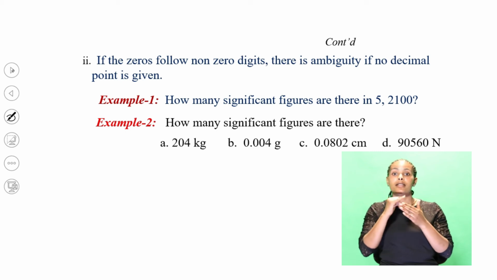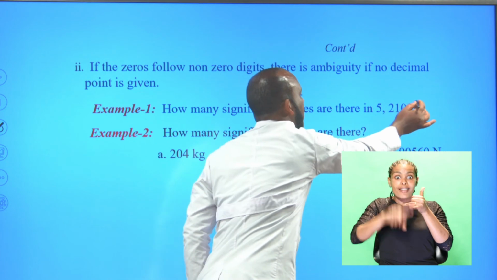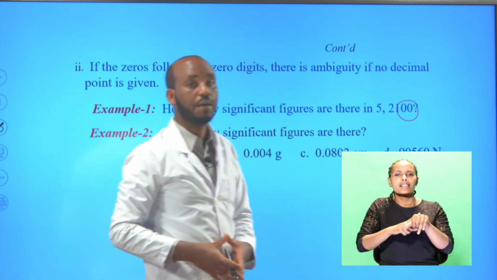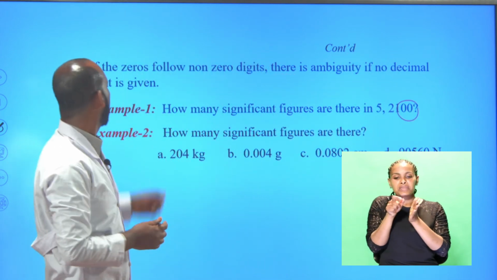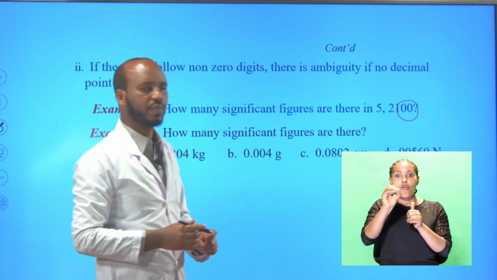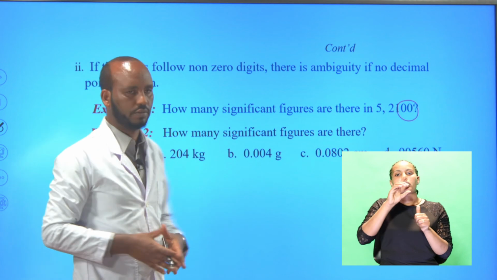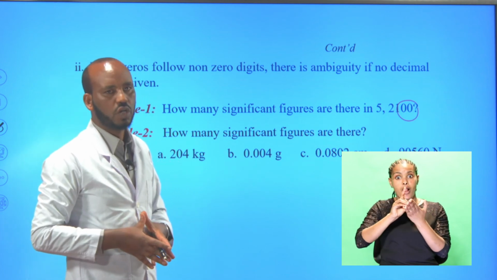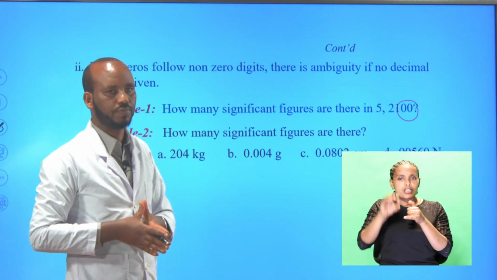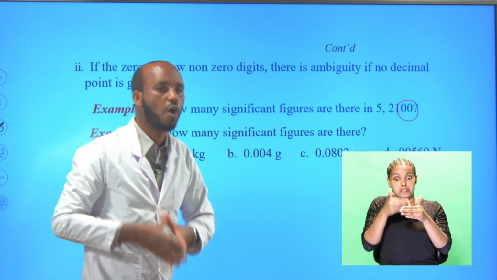It is ambiguous because final zeros are always ambiguous. If the zeros follow non-zero digits, there is ambiguity if no decimal point is given. Final zeros are always ambiguous if there is no decimal point.